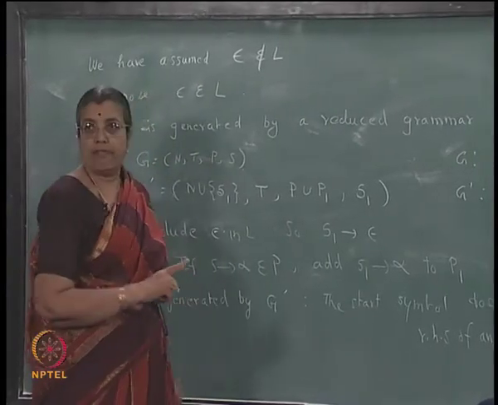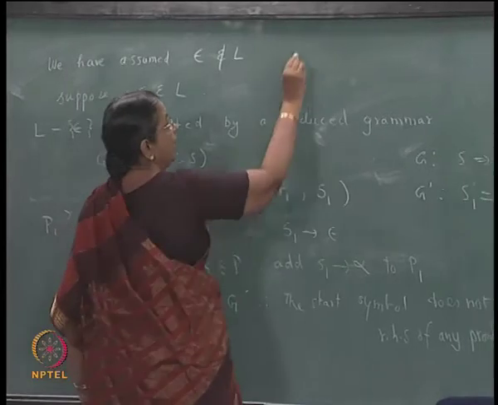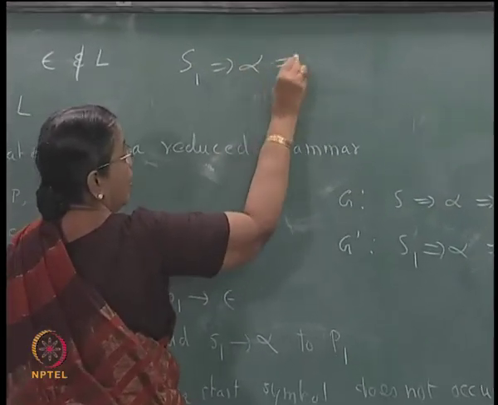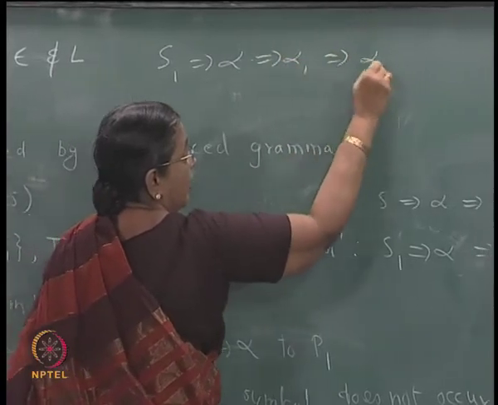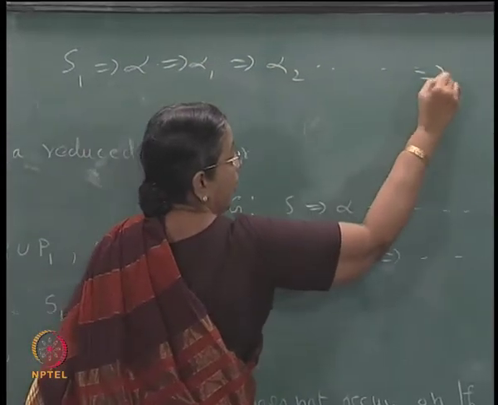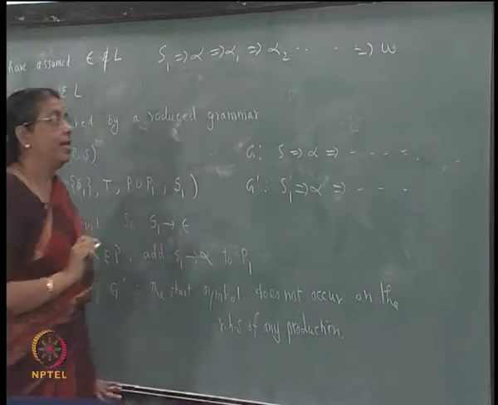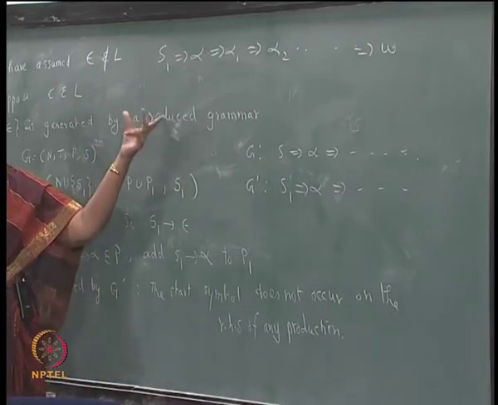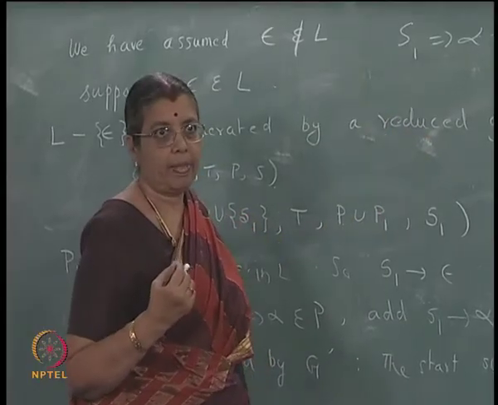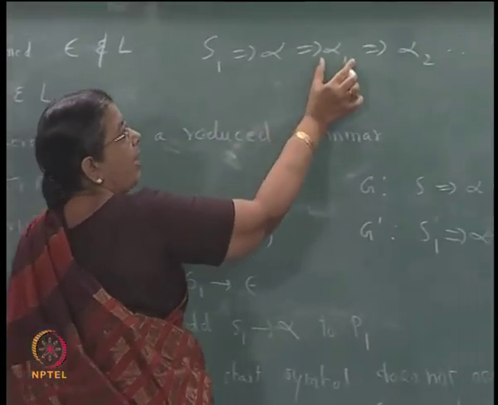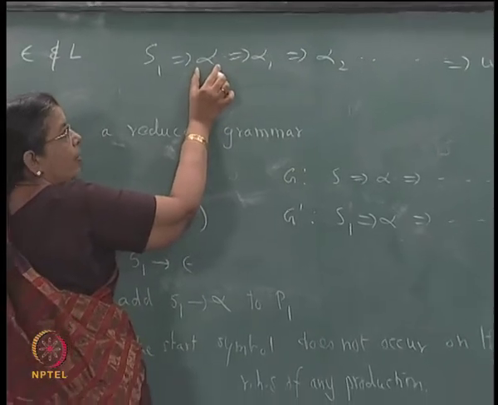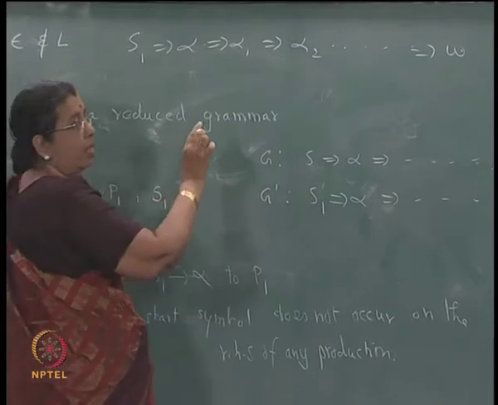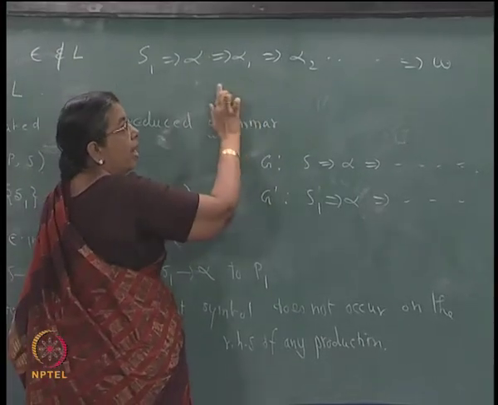The reason for this is, if you have a derivation S1 goes to some alpha, alpha 1, alpha 2, whatever it is, the successive sentential forms will be non-decreasing in length. The length of alpha 1 will be more or equal to alpha, the length of alpha 2 will be more or equal to alpha, and so on. It will not decrease.